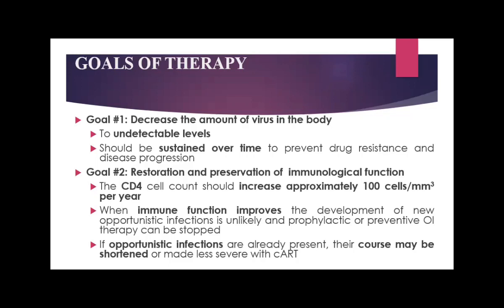And if an opportunistic infection is already present, this improved immune system will fight it off and shorten the severity or the course of the infection. So that's the second goal, which is restoration and preservation of immunological function.